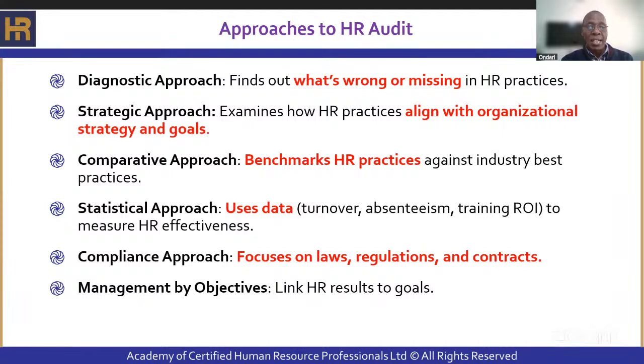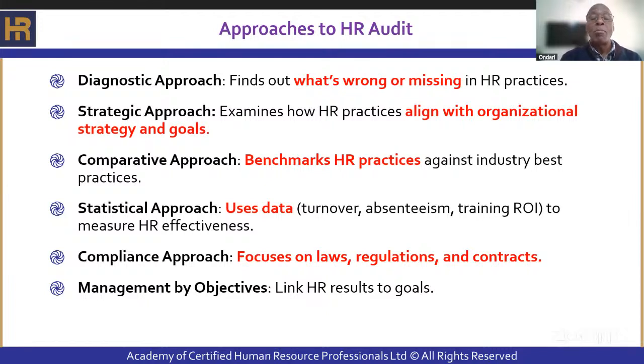Then very last, under approaches to HR audit, is management by objectives. This is a concept that many of us may have implemented or are implementing or would wish to implement. How does management by objectives work?